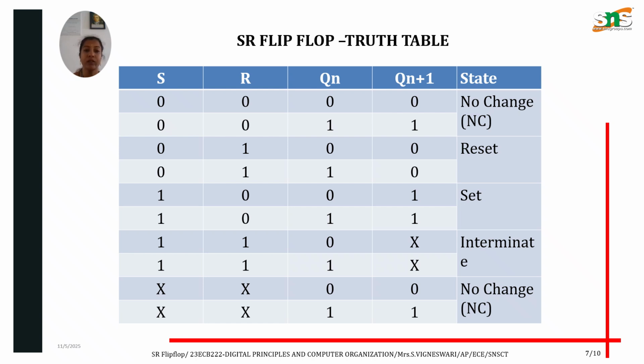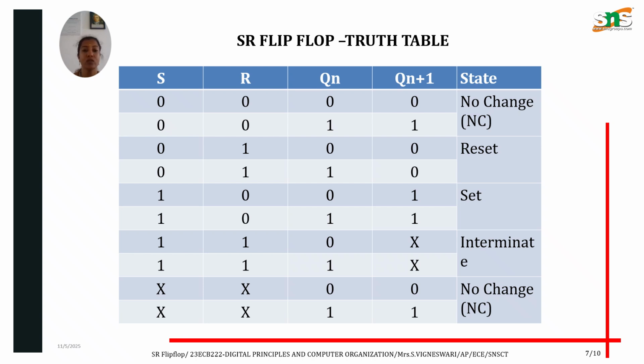The next one, when reset is given high, that is S is equal to 0, R is equal to 1, we say this is a reset state. Whether the previous value Qn is 0 or 1, whatever it is, the next state will be 0, right? That is what we say is a reset state.